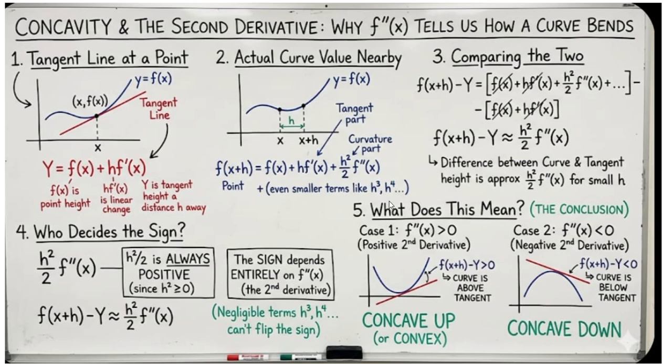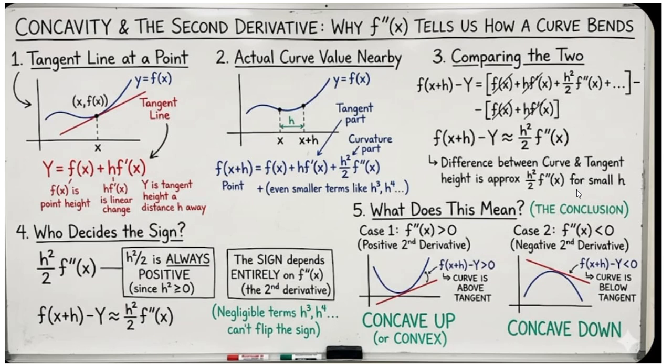So we come to the conclusion that whenever a curve is given, at that particular point, if you calculate f double dash of x and it is greater than 0, we can say directly that the curve is concave up at that point. If f double dash of x is less than 0, it is concave down.